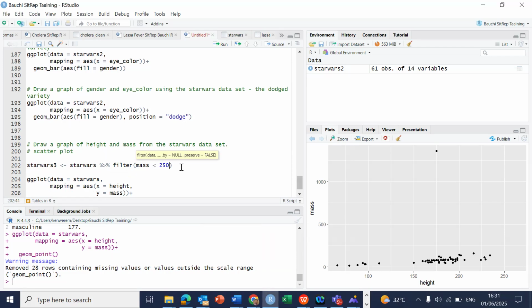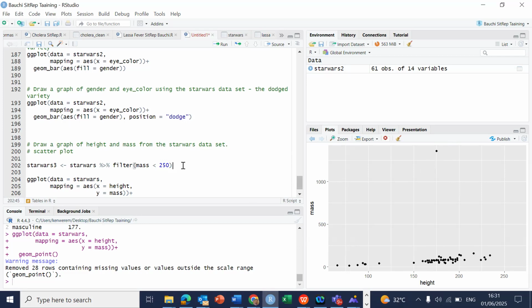Okay. So what I'm saying is that I want a new data frame for which the mass is, you can see from this graph where my pointer is, the 250 mark. And none of them is above this 250 except this guy. So I'm just going to remove this guy by saying I want only those whose mass is less than 250 so that I'll have a better graph.